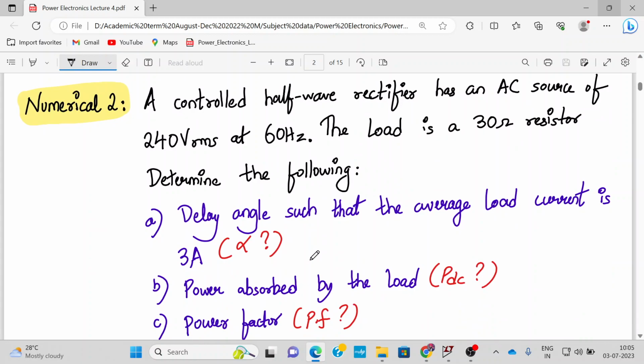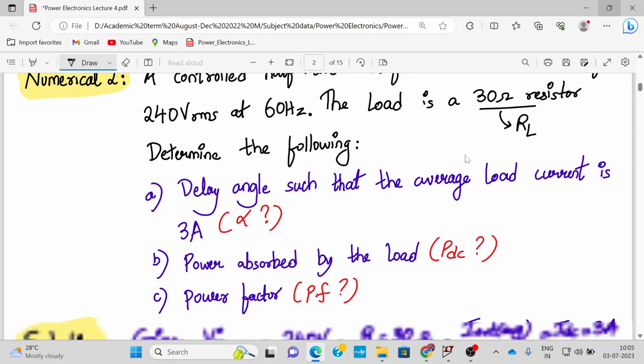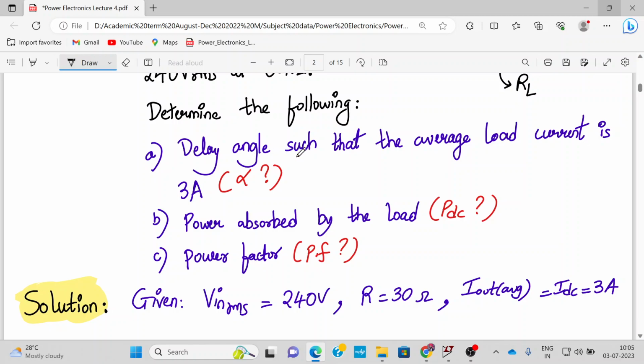In numerical number 2, we have a controlled half wave rectifier with an AC source of 240 volt RMS at 60 Hz. The load is a 30 ohm resistor, so this is the value of RL. We have to determine the following. First, the delay angle such that the average load current is 3 ampere.